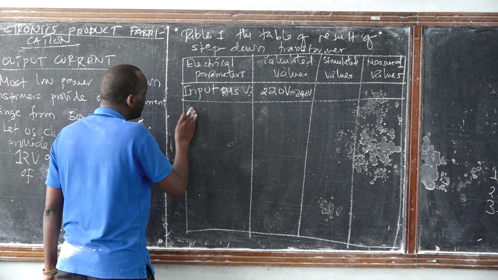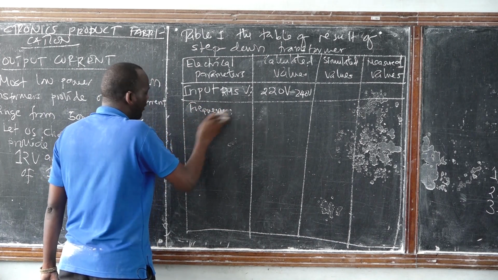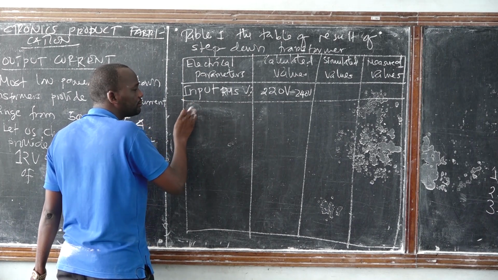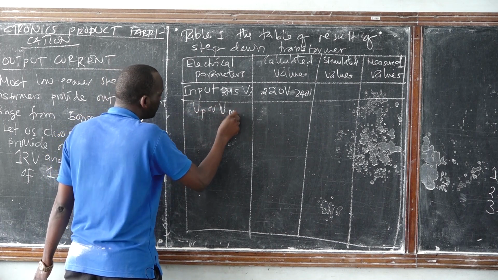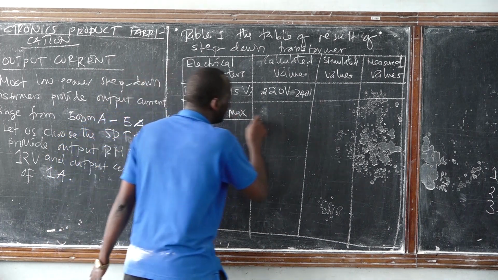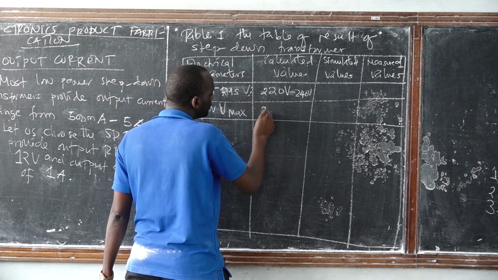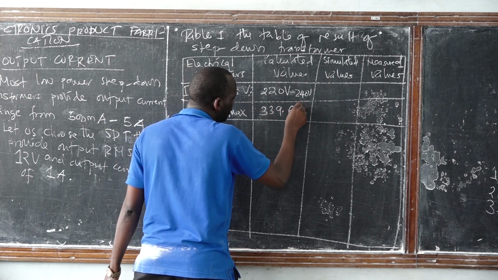Frequency? Frequency actually does not change. The other one is what? V peak or V maximum. What is it? 300? 26, 104.